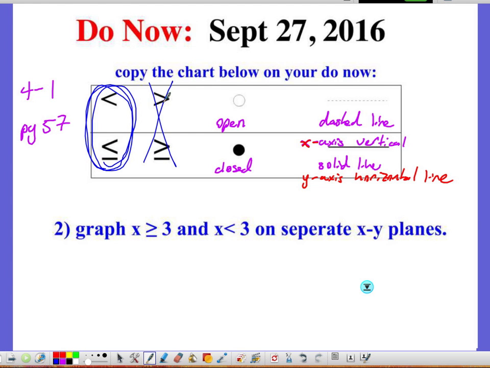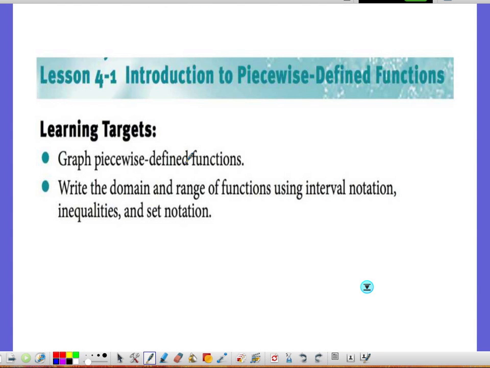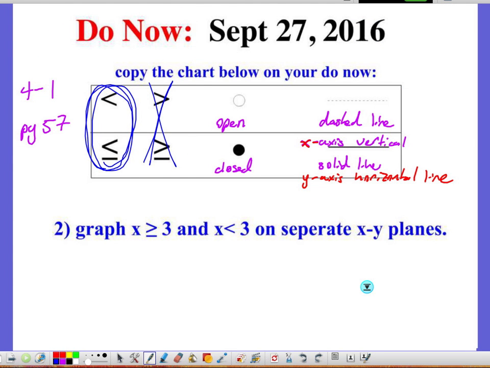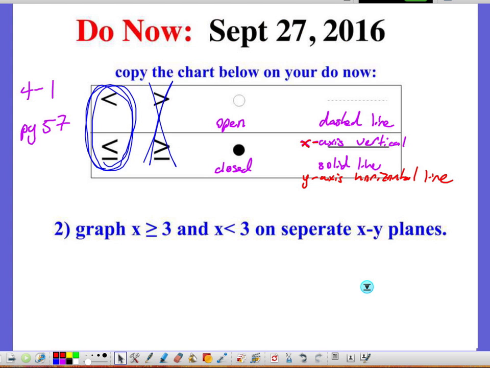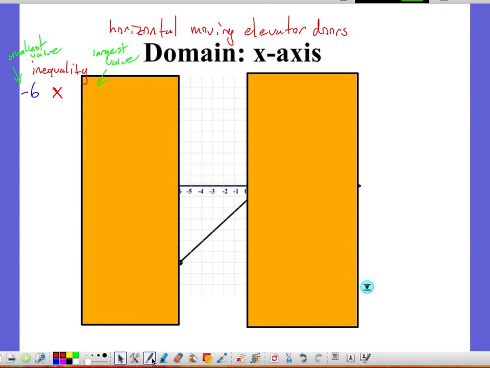We don't have to worry about these for the domain because of the way we have it set up, where on the left we have the smallest value, and on the right we have the largest value. Because we have a closed circle, that means I'm going to be using less than or equal to.